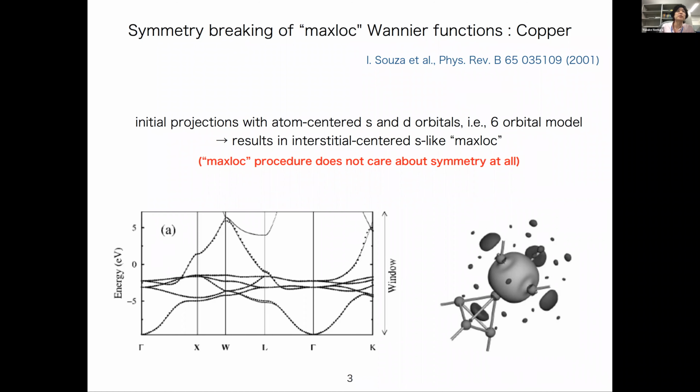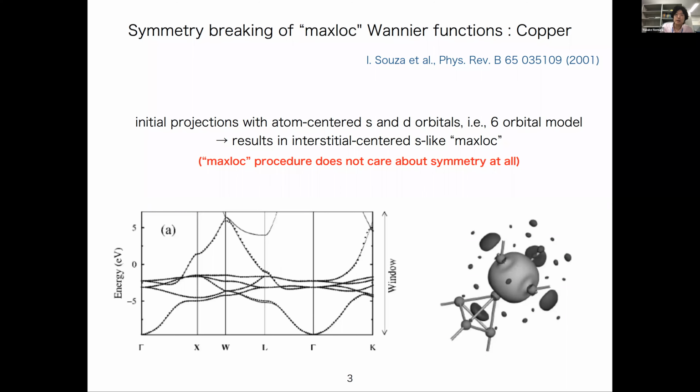If we put the initial projections with atom-centered s and d orbitals, and we want to make the 6-orbital model, then the d orbitals stay at the atom center, but the center of the s orbital deviates from the atom center. This is because the so-called max-loc, maximal localization procedure, does not care about the symmetry at all. It just wants to minimize the total spread. It does not care about symmetry.